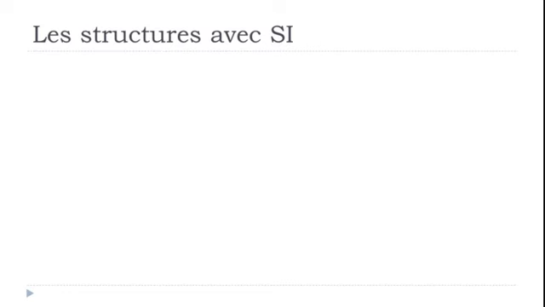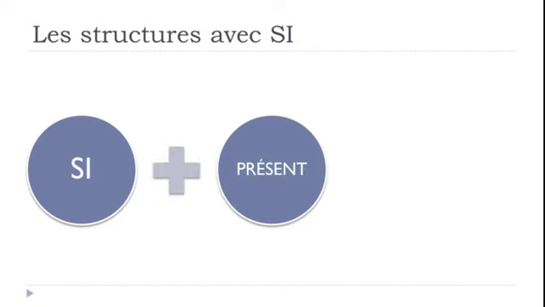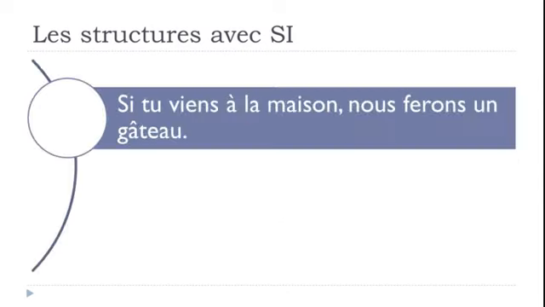So if we want to express this possibilité, the first option is si, constructed with the présent, and followed by le futur. Let's have an example here. Si tu viens à la maison, venir is to come, à la maison, at home, nous ferons, the future form of faire, so we will do, un gâteau, a cake.